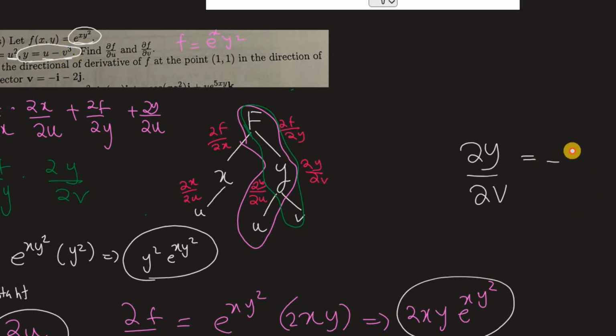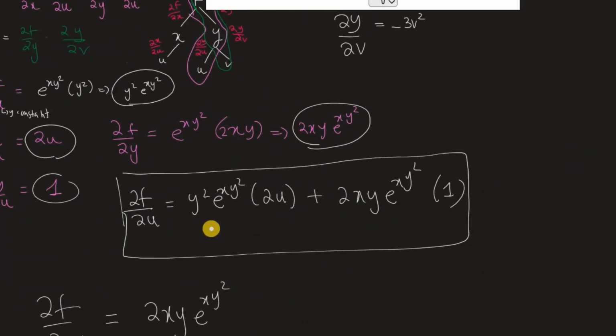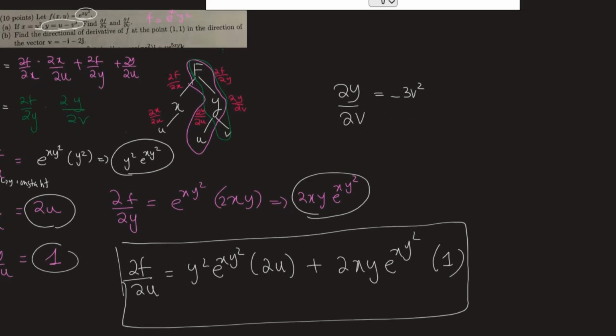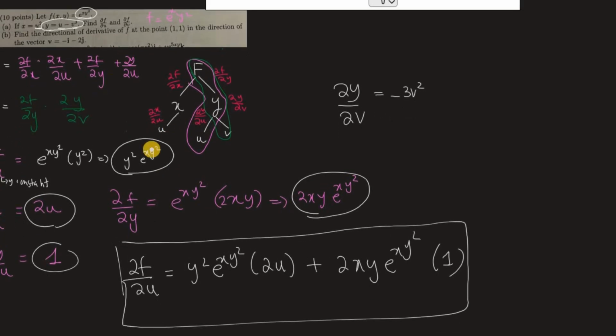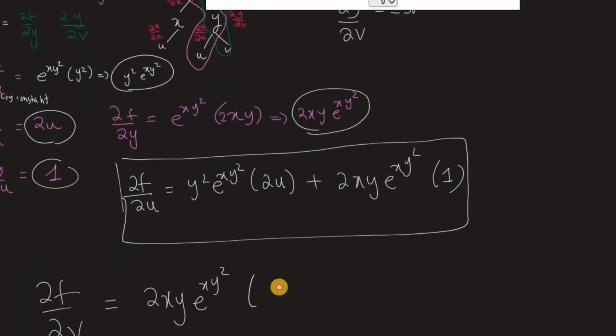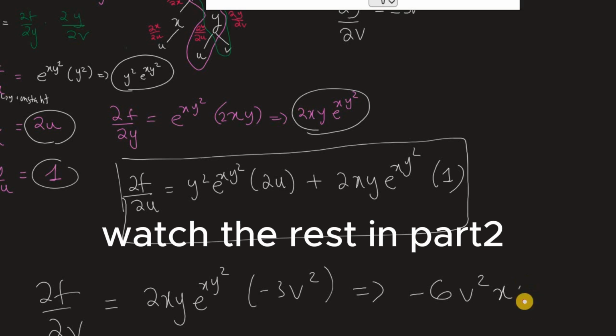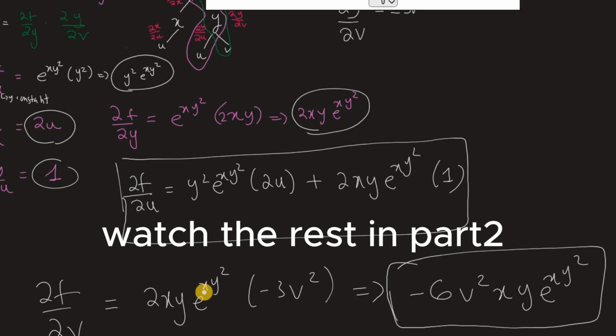That's going to be negative 3v squared. Then we can simply multiply this with this. We got negative 3v^2, so that's going to become negative 6v^2 xy e^(xy^2). And this completes our problem.